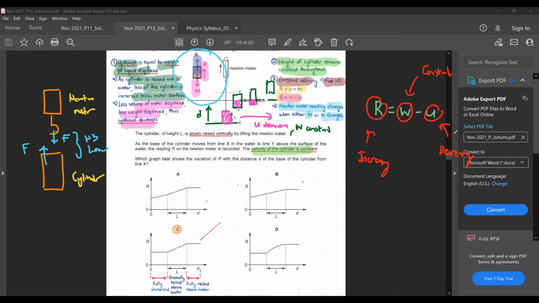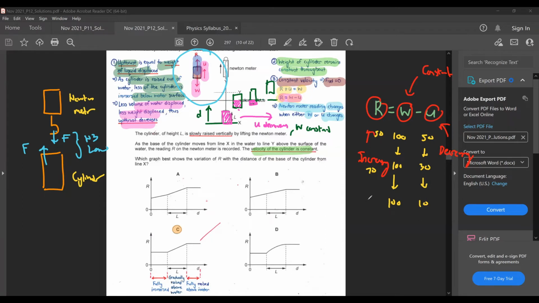So let's just say if I give you some example, if originally it was 100 minus off say 50, this will give me 50, right? But as time progresses, W is still 100, and upthrust becomes maybe 30. My Newton meter reading will become 70. And then at some point, W is 100 and U may be reduced to say 10.